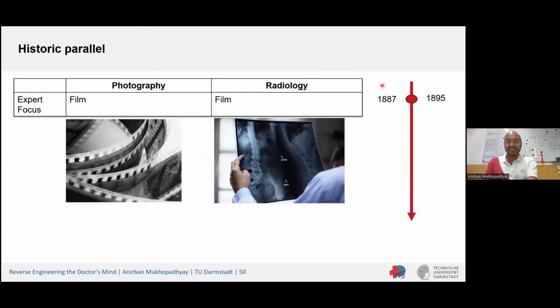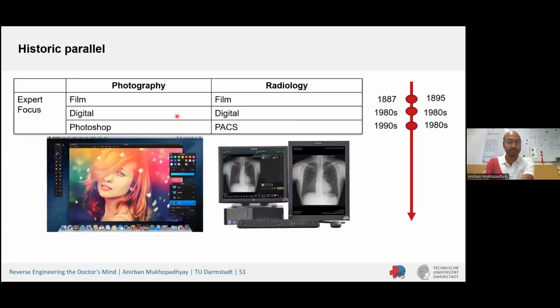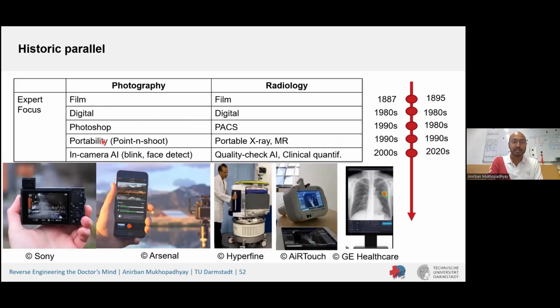Around the late 1800s, we had photography and radiology both happening on film. Then it took almost 100 years, and both practices became digital, and with becoming digital, we had software, which are basically workflow management tools with superior manual image processing capabilities like Photoshop, the PACS systems, all of these appeared. And then we saw some of the portability issues, some of these feedbacks, in-camera AI, quality checking AI, these sorts of things popped up.